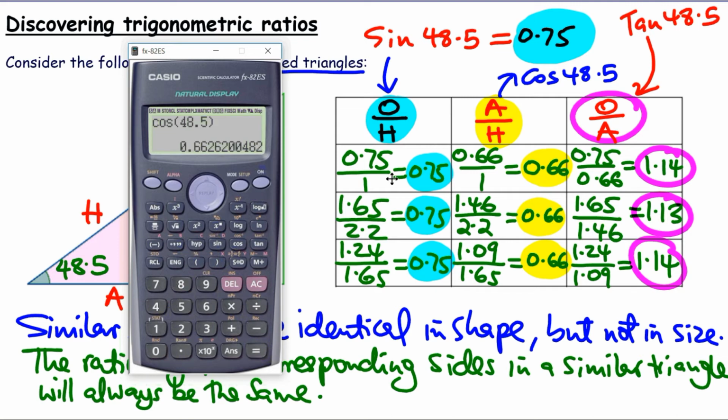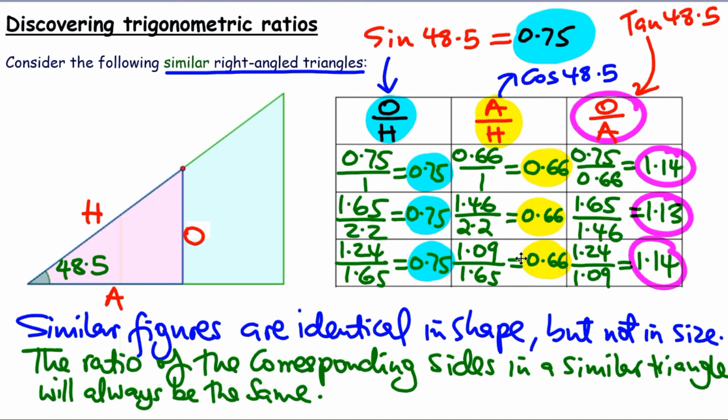That's what we have here. If you plug in tan of 48.5, again, whatever answer that you get is almost what we have here. So these trigonometric ratios have special names. The first column is sine of 48.5, the second column is cosine of 48.5, and the third column is tangent of 48.5. And we can summarize this in the next page.